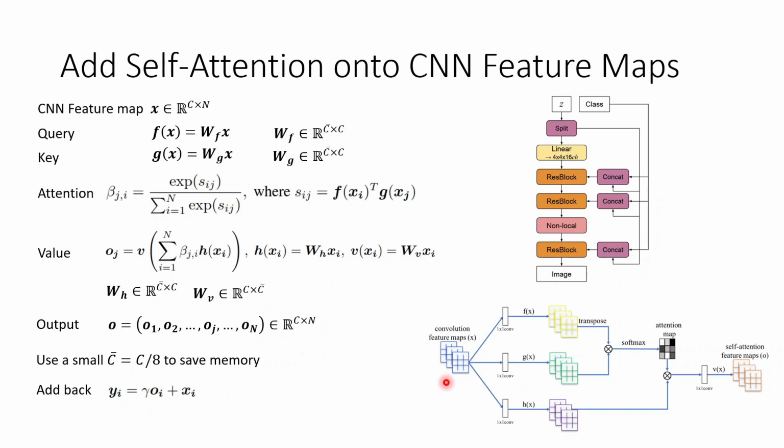From the feature maps, they create the query matrix, key matrix, and attention matrix, and then do self-attention, and create the self-attention feature maps. Then they add the self-attention feature maps back to the existing convolutional neural network map.